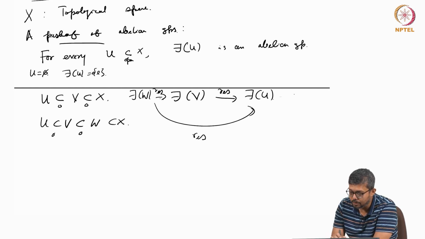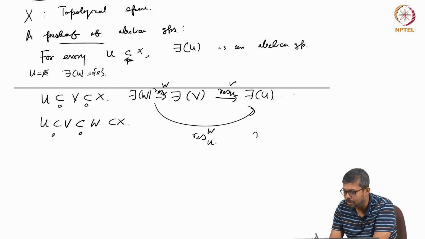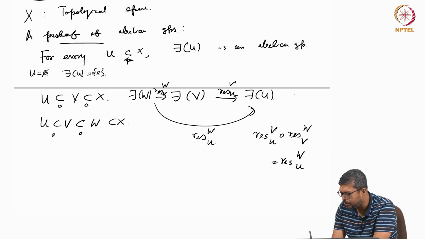If I call the first restriction of W to V, the second V to U, and the third W to U, then the condition is that this diagram should be commutative. That means res VU composed with restriction of W on V should be restriction of WU.